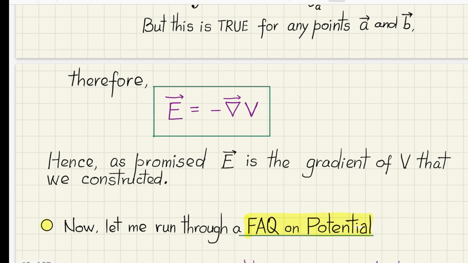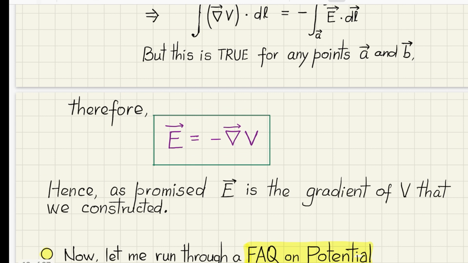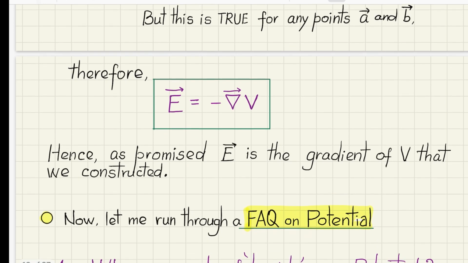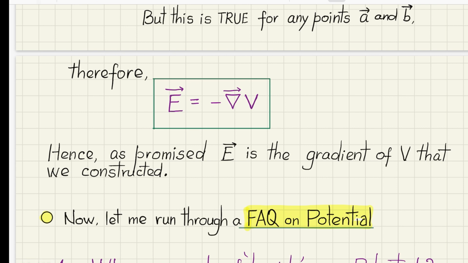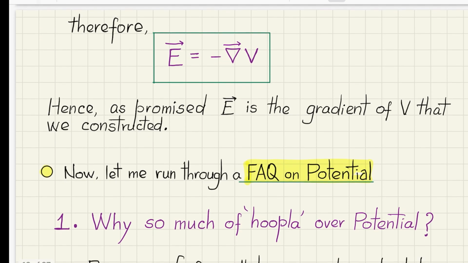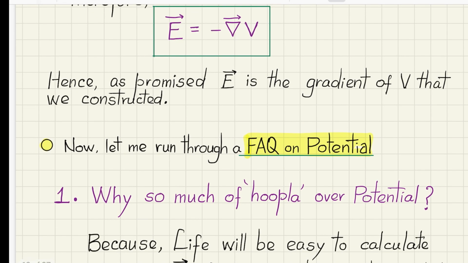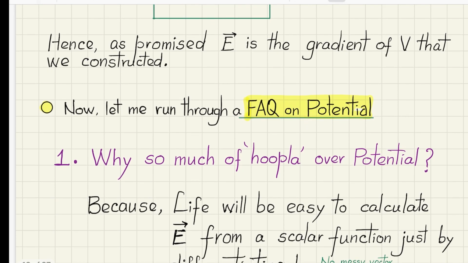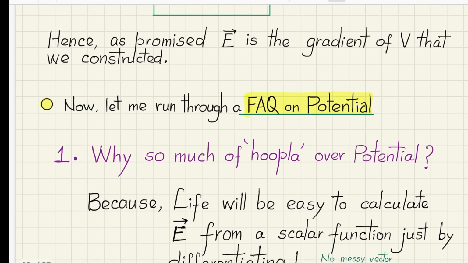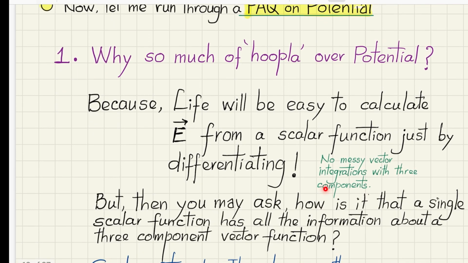Now let me go through some comments. I'll call it as if running through an FAQ, frequently asked questions on potential, in that format. So why so much hoopla over potential? Who said hoopla? Because yes, the whole electrostatics is indeed a potential theory. Life will be easy to calculate E from a scalar function just by differentiating, such that we'd have no messy vector integrations with 3 components.